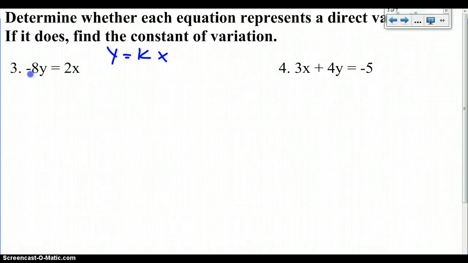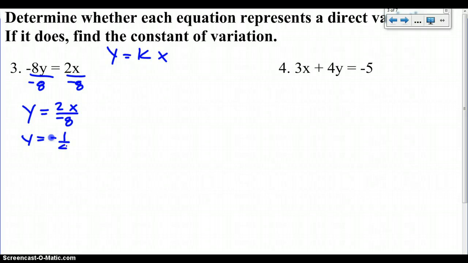Okay? So let's solve this one. Divide by -8, and we get y is equal to 2x over -8, and that will reduce to y equals -1/4 x. 2 over -8 is -1/4.